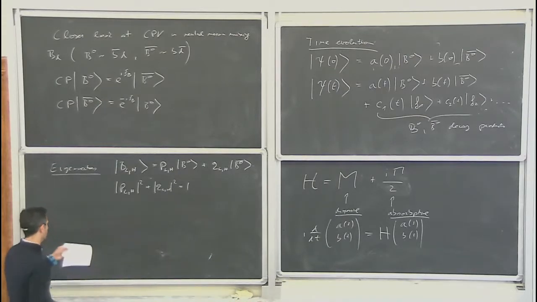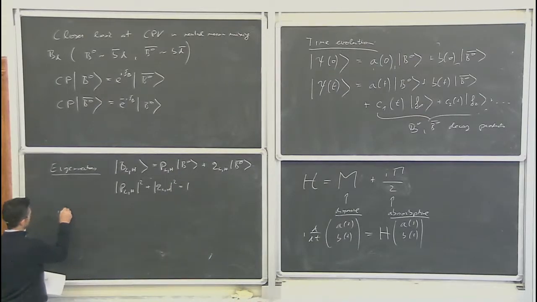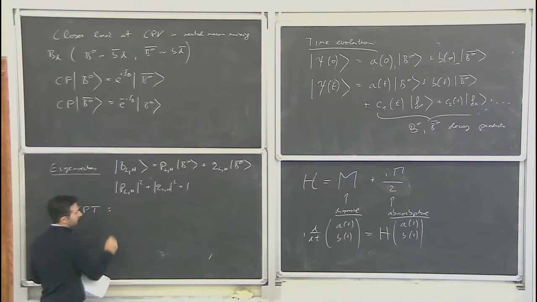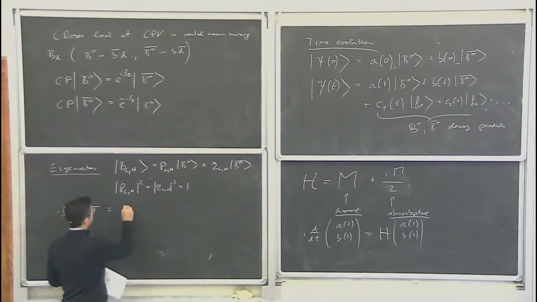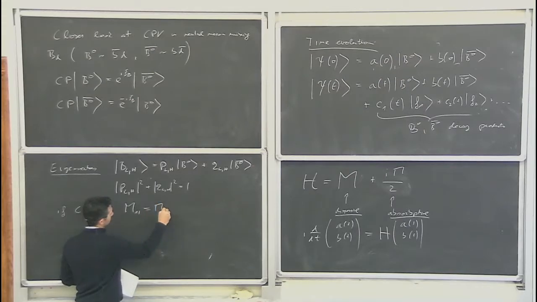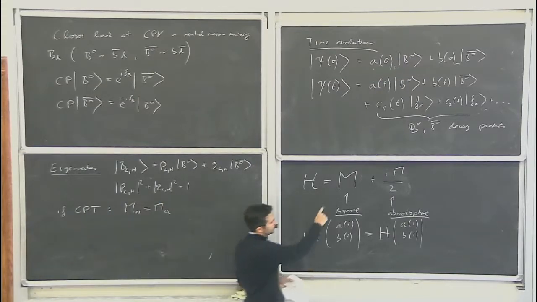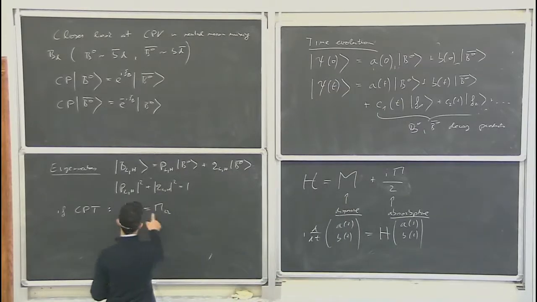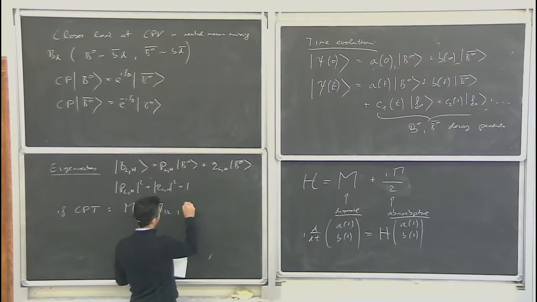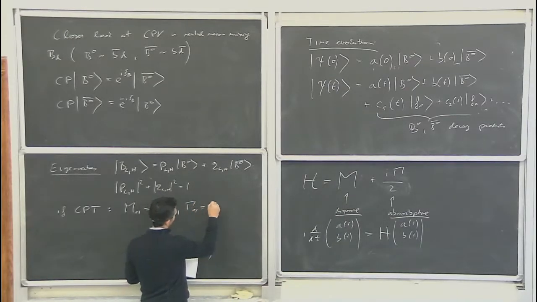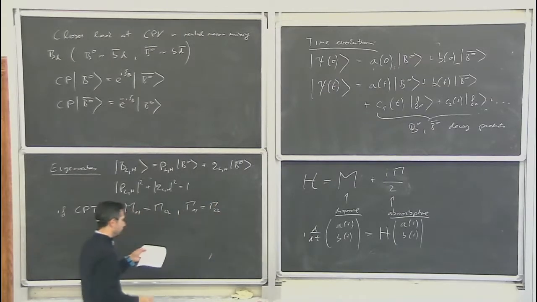Of course, I can use a further ingredient, namely constraints from CPT. In the presence of CPT, it requires that M11 equals M22, so the diagonal entries of both M and gamma have to be the same. So M11 equals M22, and also gamma 11 equals gamma 22.